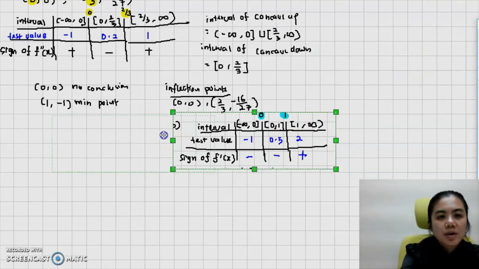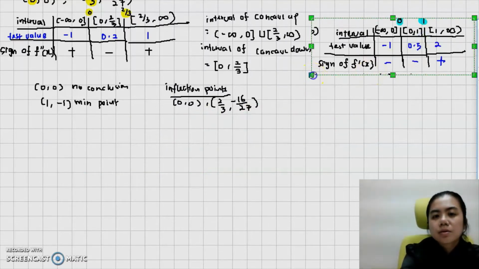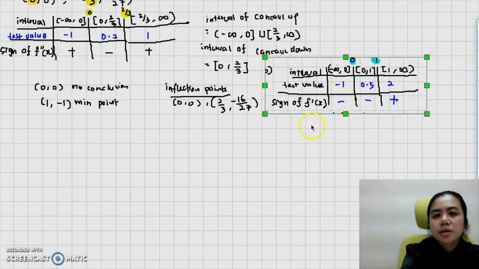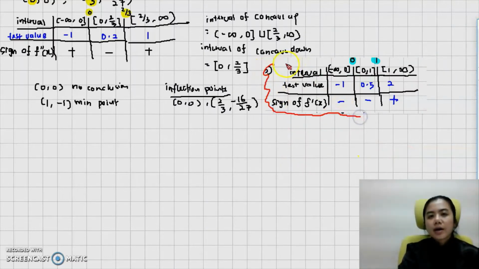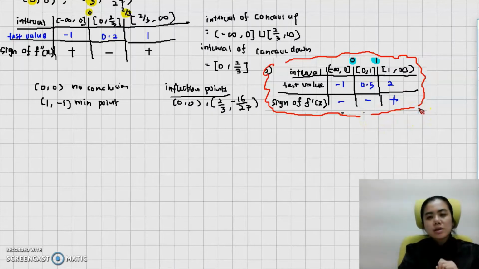I'll just put it here, or here, way better. This is the table that I did just now for part B, the interval of increasing or decreasing.